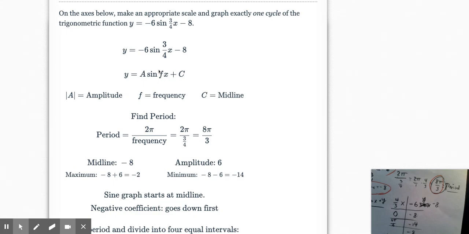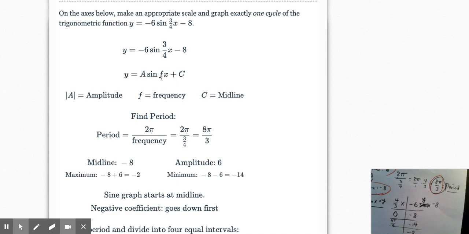We've been using the term B. I like the way that DeltaMath says F for frequency, because the idea is that the bigger the frequency, the smaller the period. If there's a wave that goes up and down very, very frequently, you would expect the period of one cycle of that frequency to be small. And that's essentially what happens.